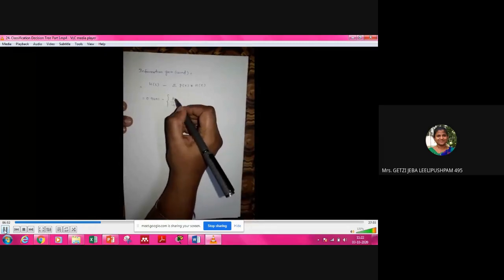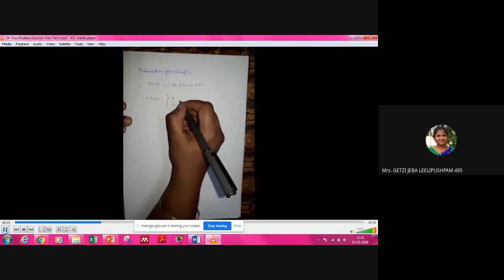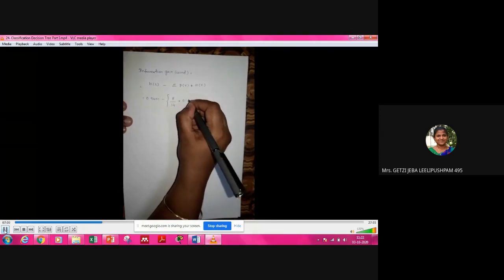It is 8 weak into the entropy for weak, plus 6 strong out of a total of 14 into the entropy 1. After calculation, it is 0.9401 minus 0.4637 plus 0.4285. So the information gain for wind is equal to 0.04788.